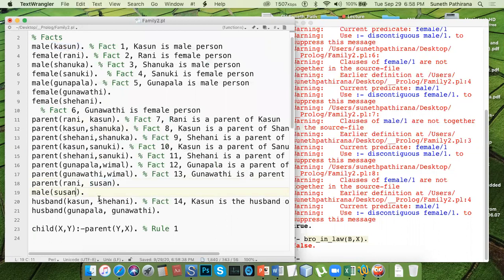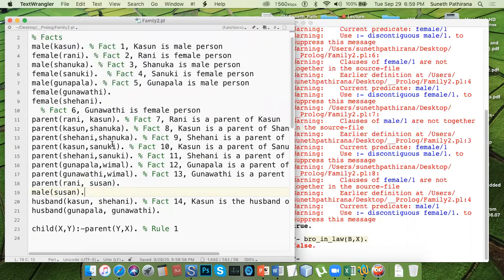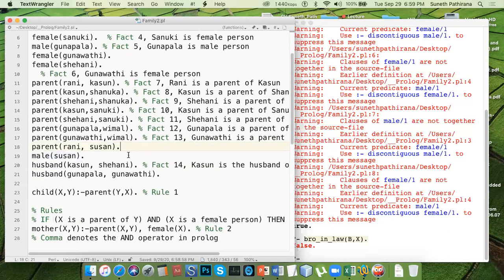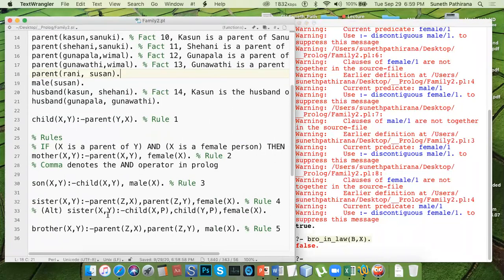So Rani is the mother of Kasun, and in addition to Kasun she has another son called Susan. Now Kasun has a brother.